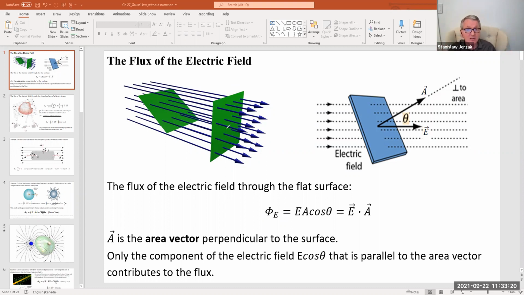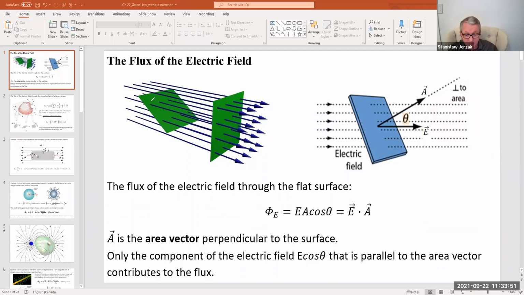So the flux of electric field should also depend on the area, but it also depends on the orientation of that area. So here you see, for example, when that area is at certain angle to the electric field. You see, in this situation, the area is perpendicular to electric field. Then a lot of electric field passes through the area. But when the area is now making certain angle, that like here is inclined to the electric field, then less of electric field passes through the area.